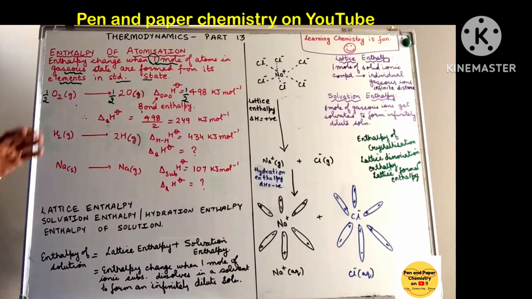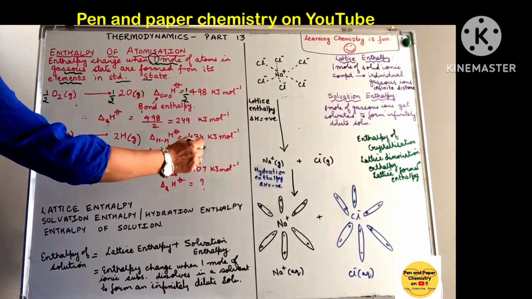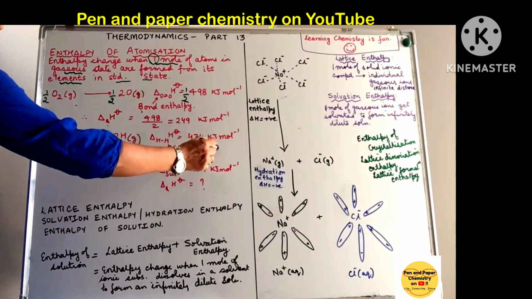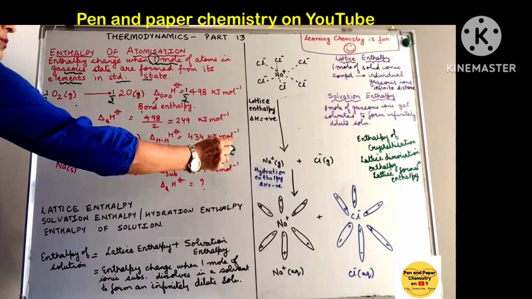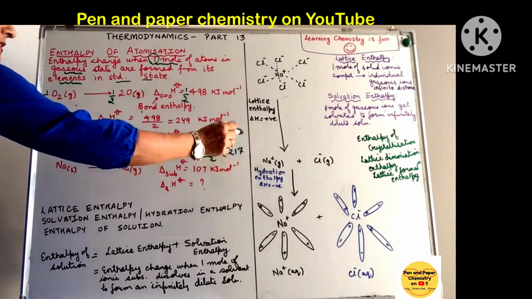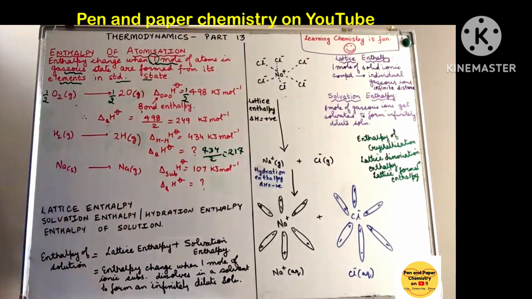Pause the video please and calculate. So we have divided by 2, 434 divided by 2, you get 2 times 2, 2 times 1, 2 times 7. So we have 217 kilojoule per mole.